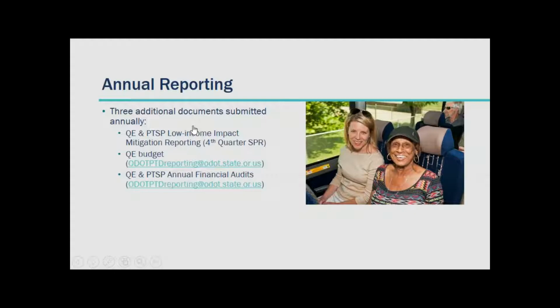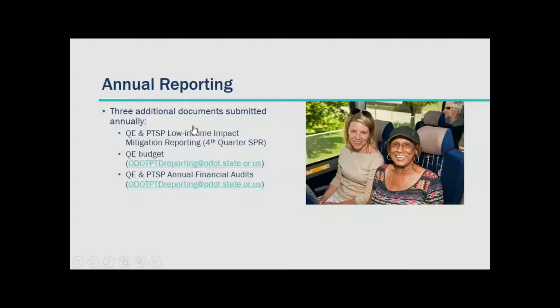Yep. Awesome. And just a few more things to wrap up. We went over the annual reporting of low income. There is also the QE budget that's a requirement, and the QE and PTSP annual financial audits, which is referenced in that overview document that I just discussed. So we will be sending reminders on the deadlines for the report for low income, and if we haven't received the audit and budget information.